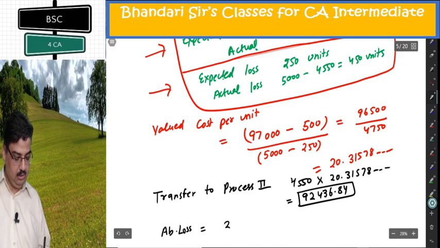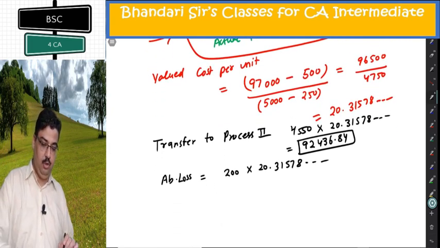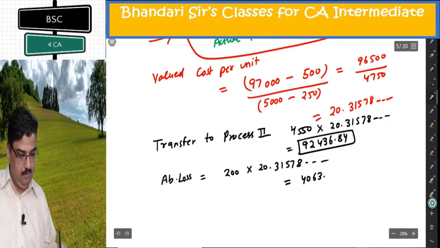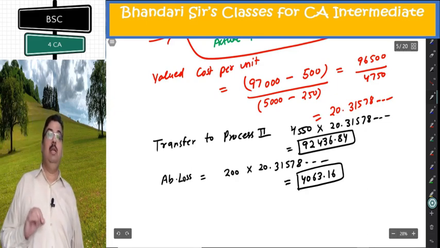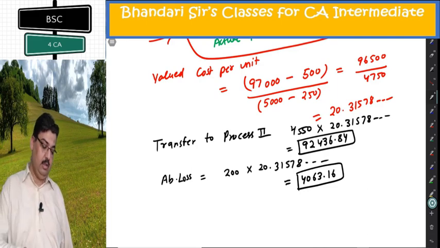Abnormal loss, 200 units multiplied by 20.31578 and so on. This is the value of 200 units. I'm getting 4063.16 approximately. The paisa must be corrected. 1578 I'm getting in paisa, I will take 16.